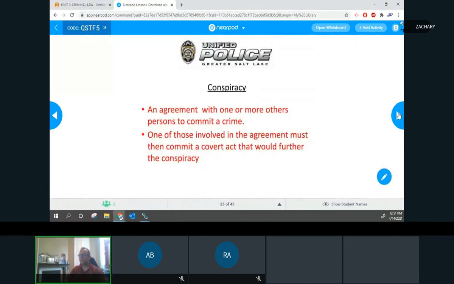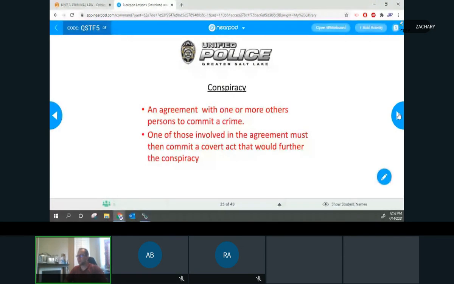Okay, here's something that you hear a lot, the word conspiracy. So it's an agreement with one or more other persons to commit a crime. One of those involved in the agreement must then commit a covert act that would further the conspiracy.